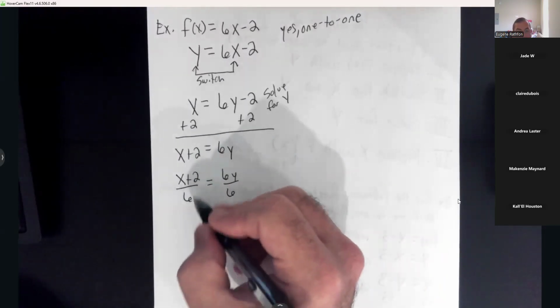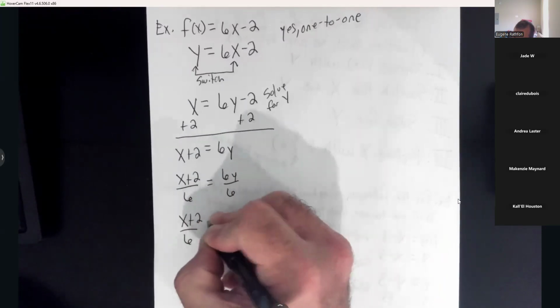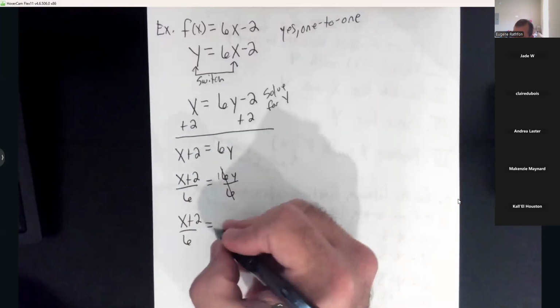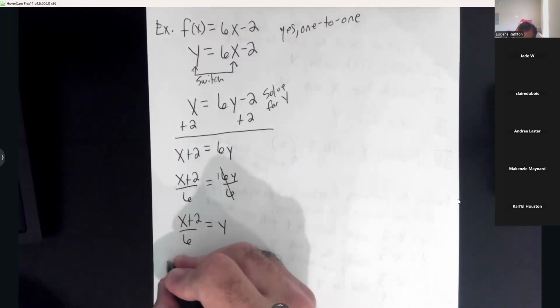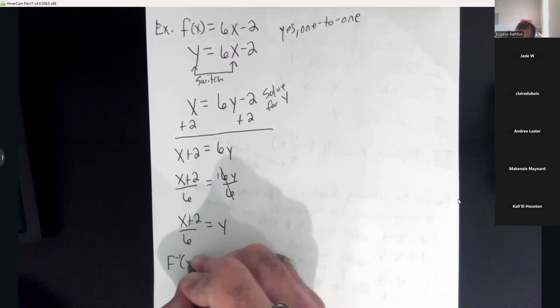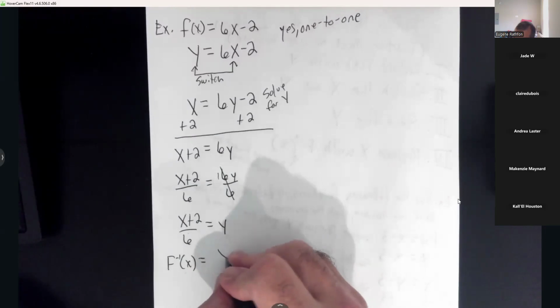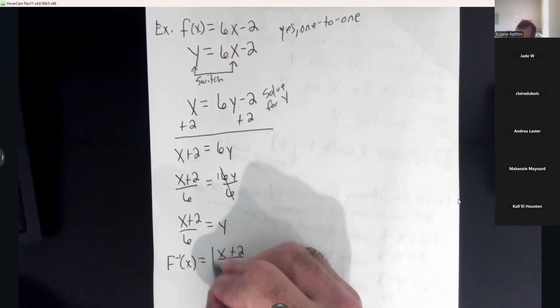There's nothing I can do to that, so that's going to stay x plus 2 over 6. But y'all here, 6 divided by 6 makes that a 1y. Can't go no further, so replace that with f inverse of x. And f inverse of x will equal x plus 2 divided by 6.